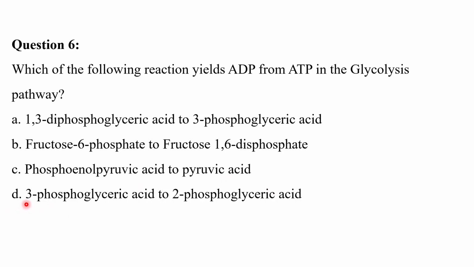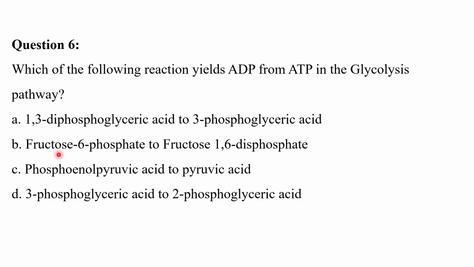In the fourth reaction also, 3-phosphoglyceric acid to 2-phosphoglyceric acid, there is no change in the number of phosphates. So in this reaction also there is no transfer of phosphate group to another substrate.